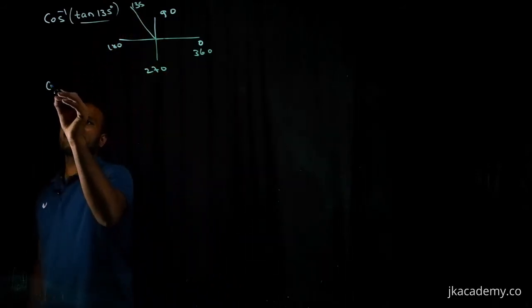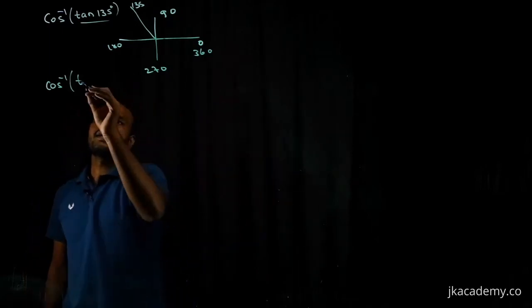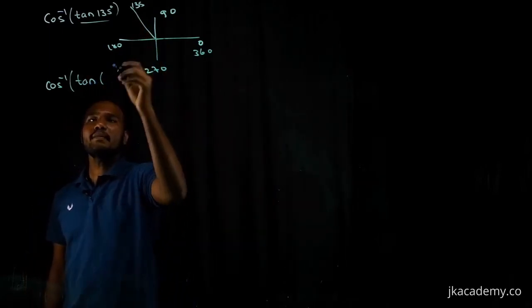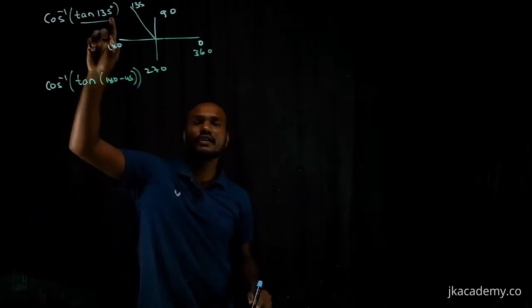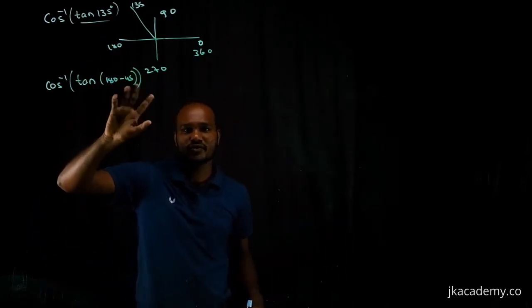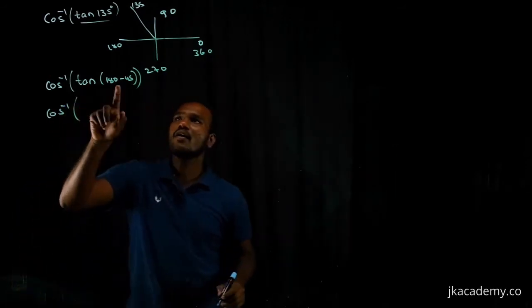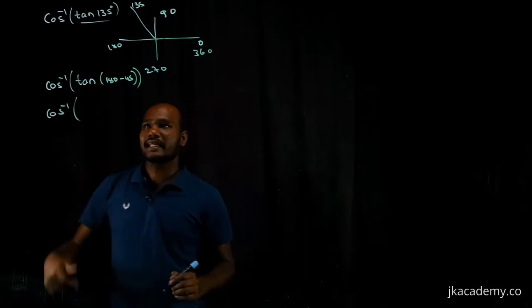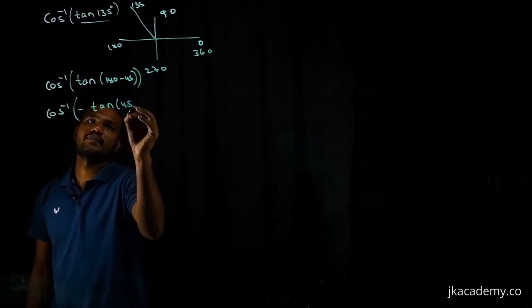So can we write 135 degree as tan of 180 minus 45? How did I know this is 45? Whenever you see the unit digit as 5, it will be in terms of 45. So cos inverse of tan of 180 minus, that is second quadrant. In second quadrant tan is negative. So minus tan 45 degree.